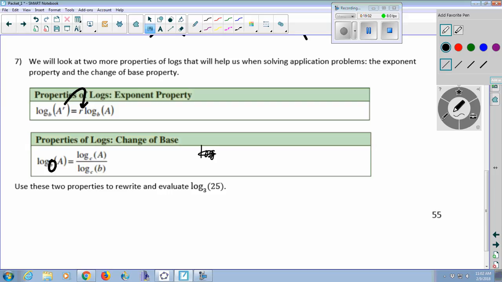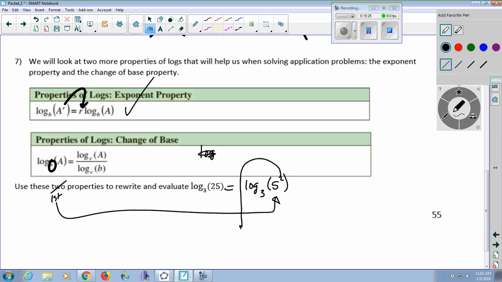The first thing I want to do is use this first property and rewrite 25 as 5 to the second power. I rewrote 25 as 5 to a power. Now that 2 is going to come down in front and multiply the remaining log, which is log base 3 of 5.